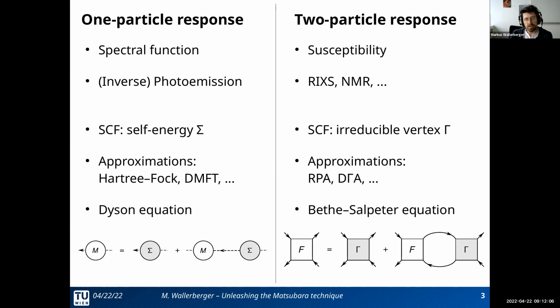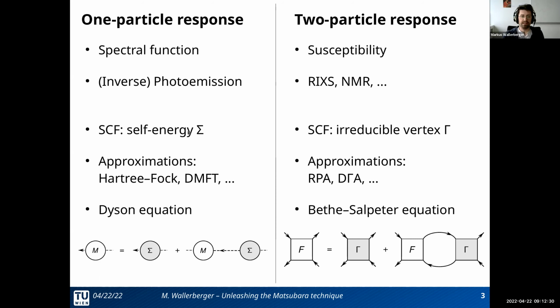There is a theoretical reason why we also care about these objects, and these are so-called self-consistent field theories. These come in 2 variations, again a 1-particle and a 2-particle variation. The self-consistent field in the 1-particle case is what's called the self-energy.